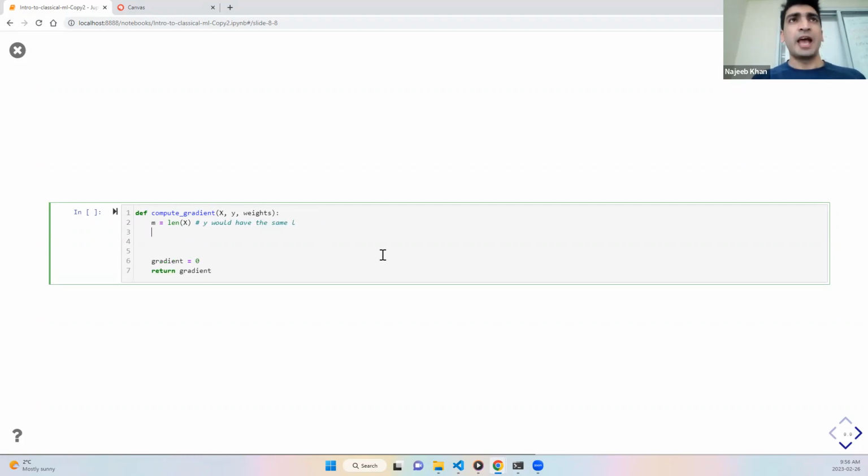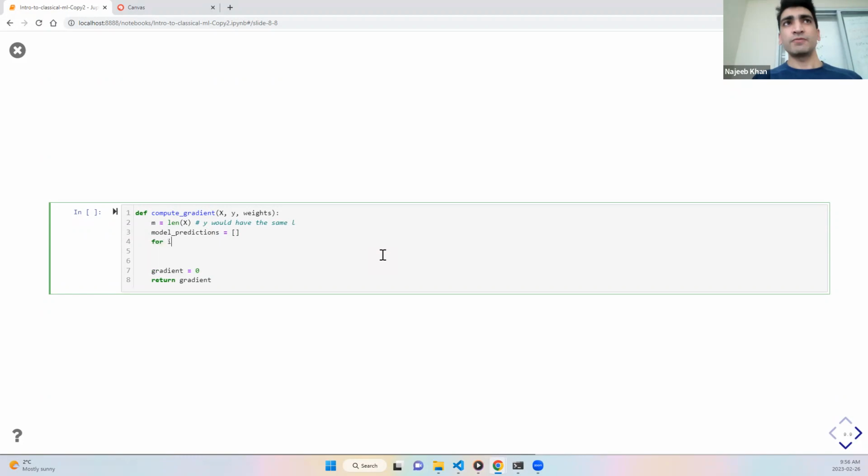So that's m, and then we want to predict a label for each of these examples in x. So how do I do that? Let's say I have model predictions as a list, and then for each of the examples, for i in range of n, I do a prediction using my linear regression model that I defined above.